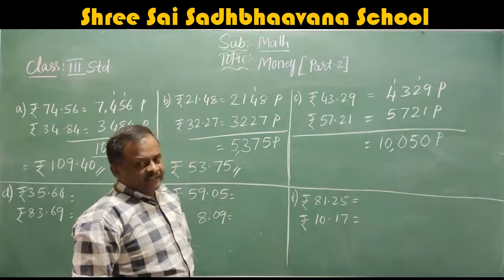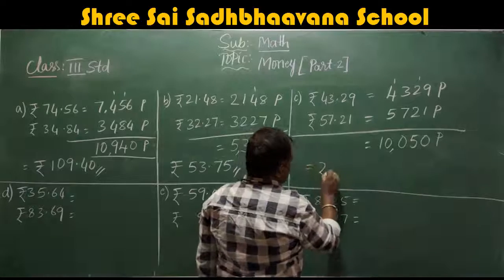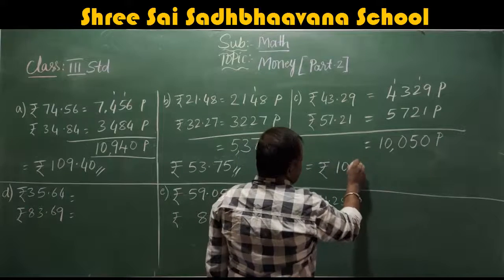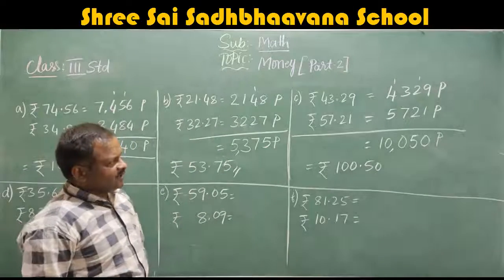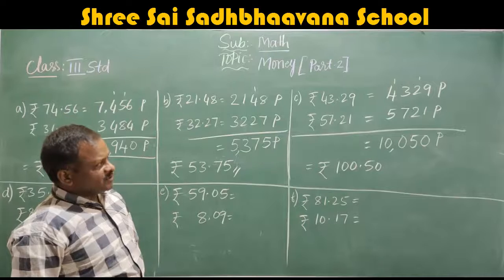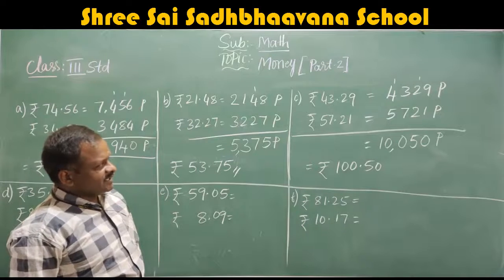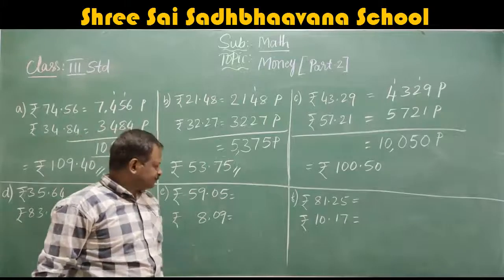So 10,050 paise. Convert this into rupees. Rupees 100.50. Once again I will add 9 plus 1, 10, carry 1, 2 plus 2, 4 plus 1, 5, 7 plus 3, 10, carry 1, 4 plus 5, 9 plus 1, 10.